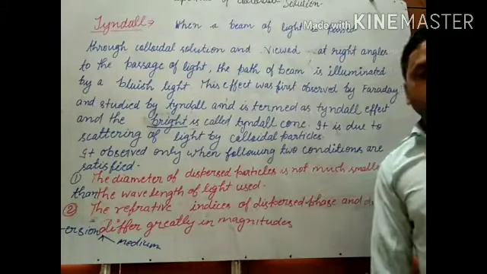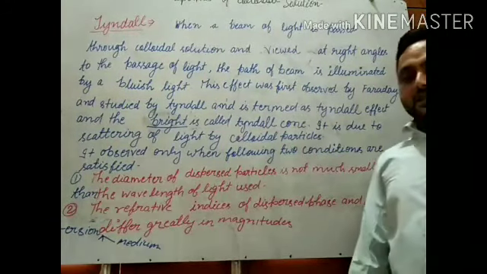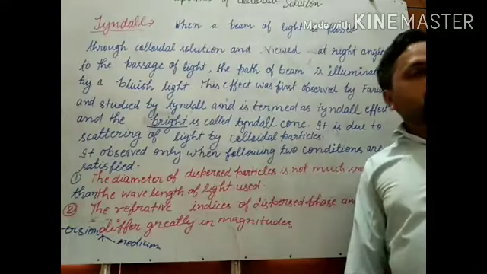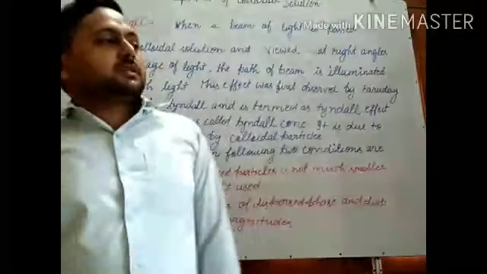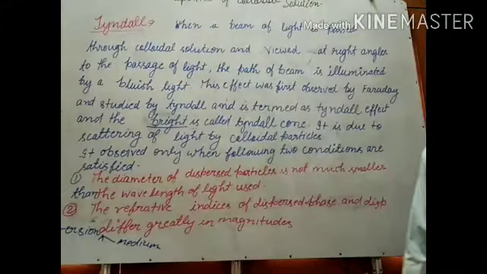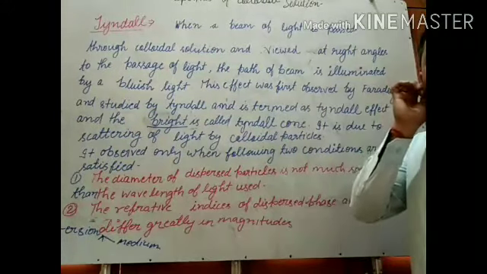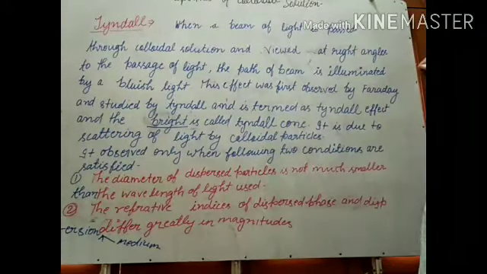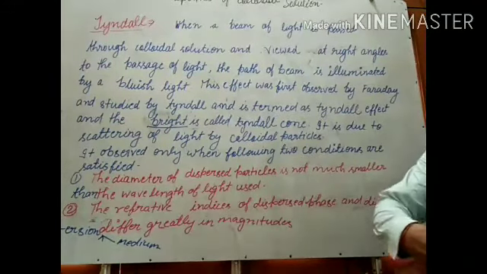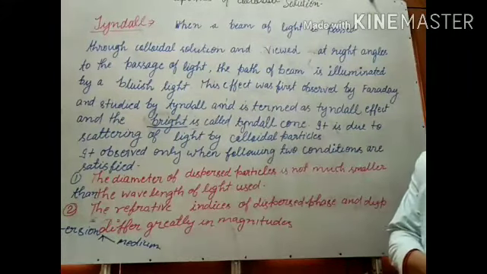So today we have discussed the Tyndall effect and colligative property. Let me summarize. For the Tyndall effect, we observe that when a beam of light is passed through a colloidal solution and viewed at a right angle to the path of light, the path of the beam is illuminated by bluish light.